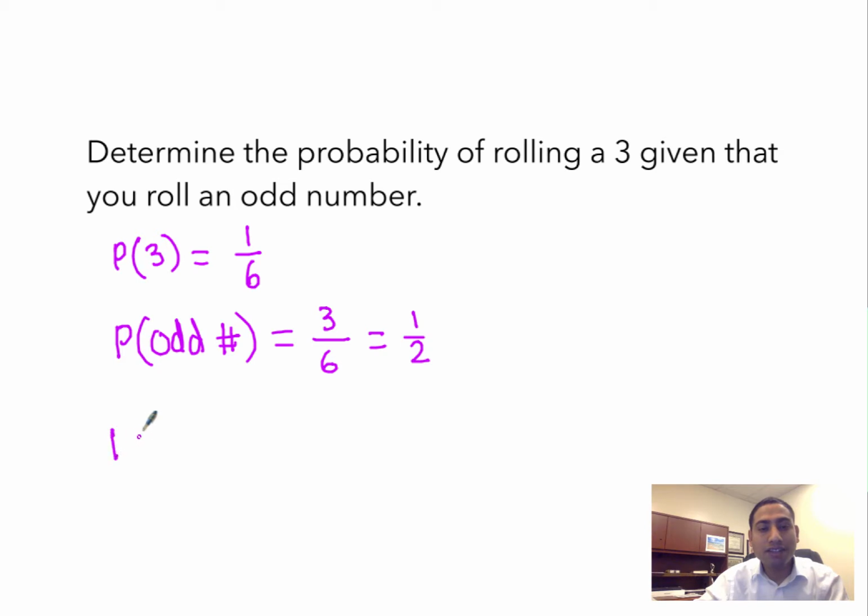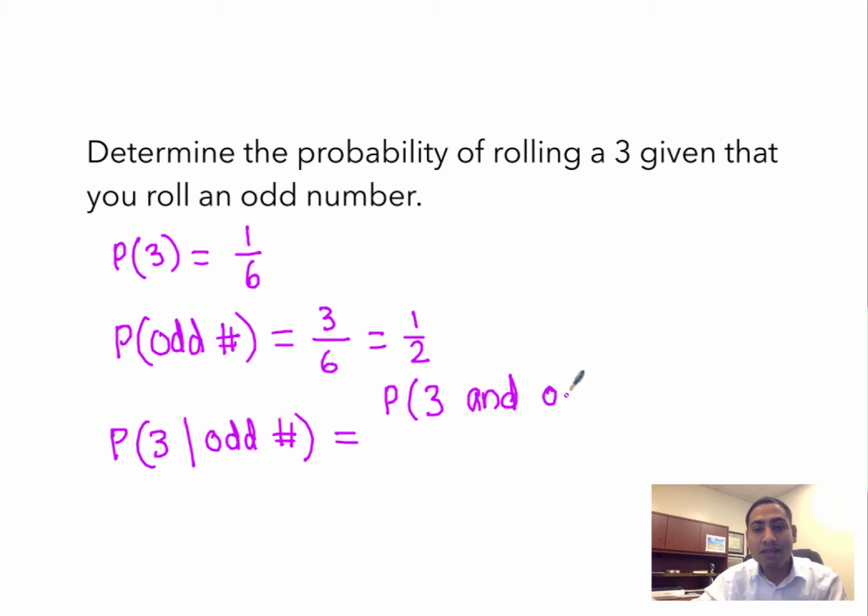So the probability that you get a 3 given that it is an odd number is going to be equal to, now using the formula, the numerator is the probability of getting a 3 and an odd number divided by the probability of getting an odd number.